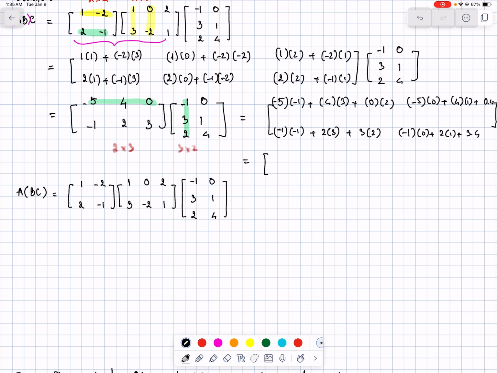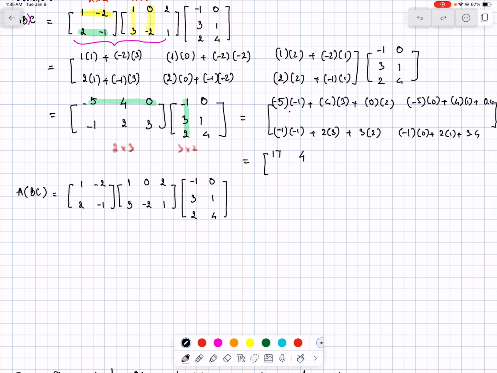Now simplify the result. So 5 plus 12 is positive 17. The second part we got 4 because this is 0.